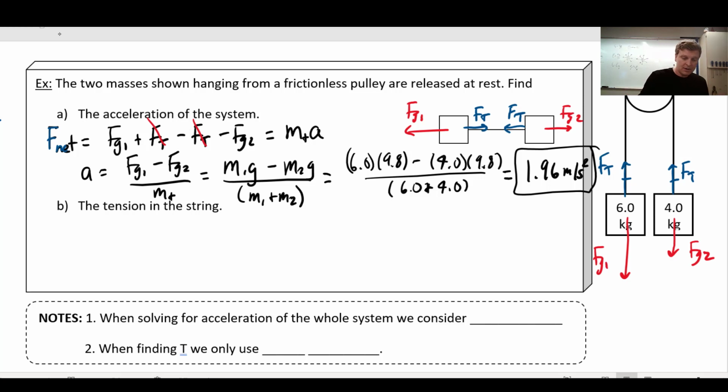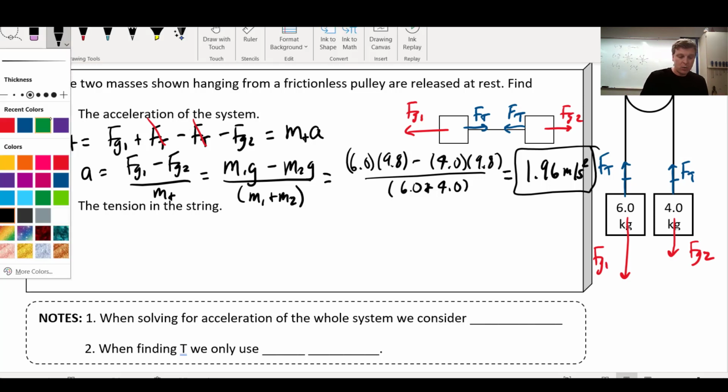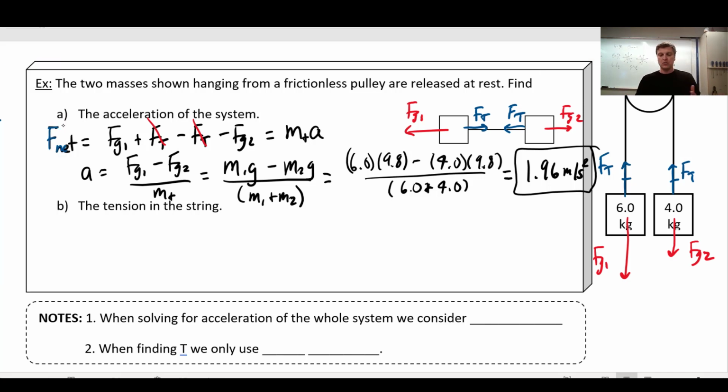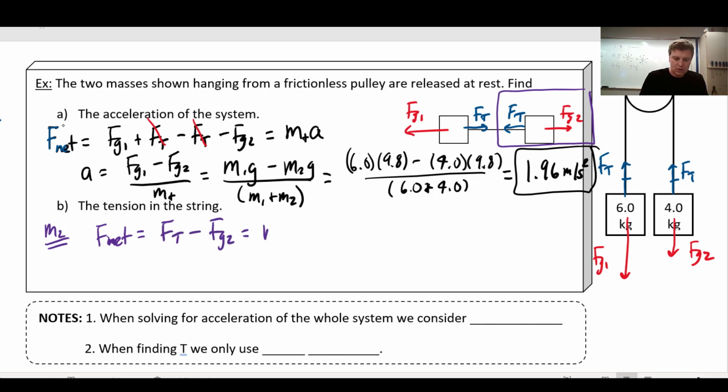And now we've got to find the tension in the string. It doesn't matter which mass we choose. We can choose mass 1 or mass 2 to find the tension. Personally, I might look at mass 2 just because tension's the winner over there. So maybe that's a little bit easier, but it doesn't really matter. You should get the same answer either way. The net force equation, when I look at mass 2, is going to be tension minus FG2 equals MA.